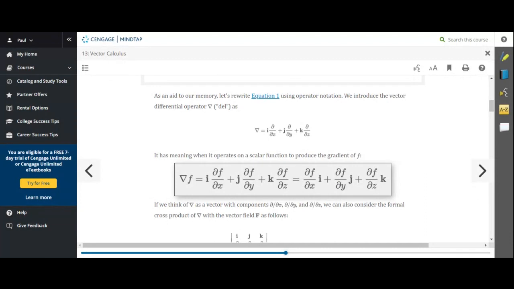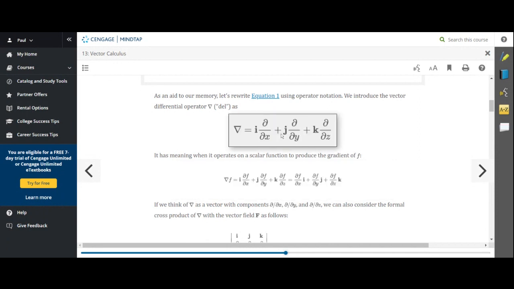Now, why does this matter to us? Well, let's go back to what the del is defined as, this differential operator. Okay, it's defined as what you see there.